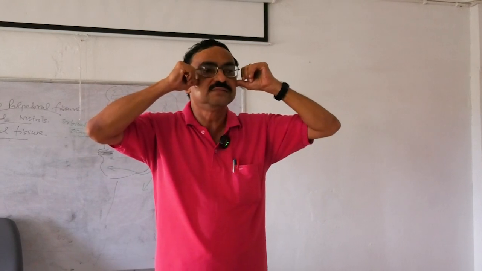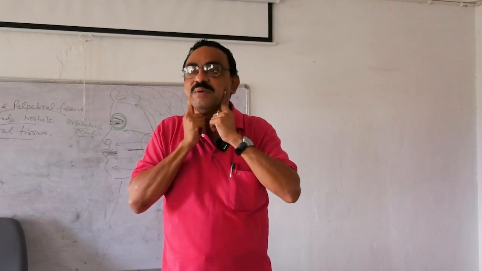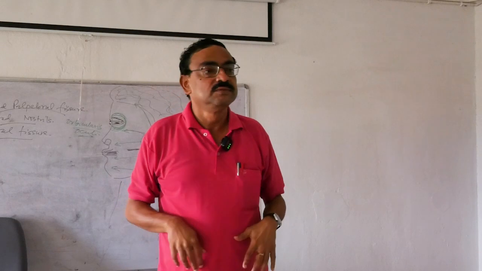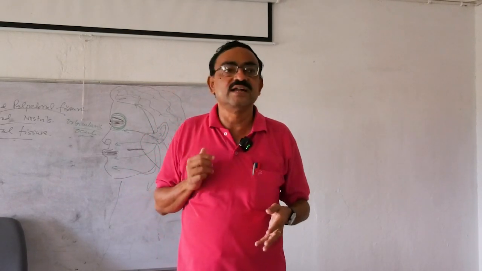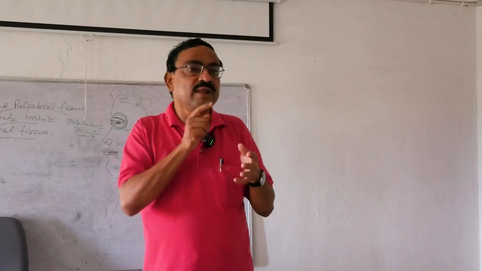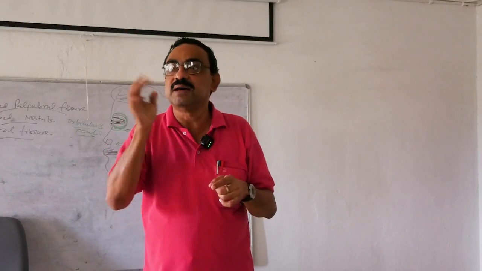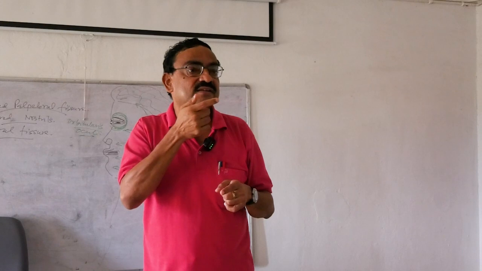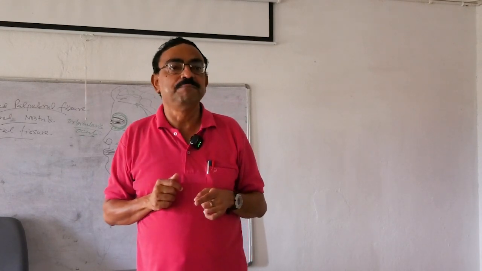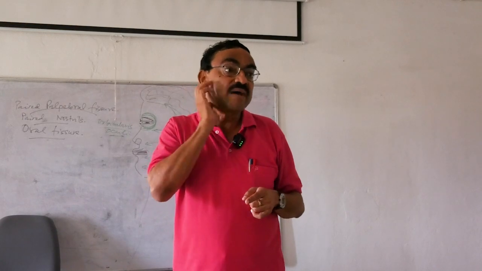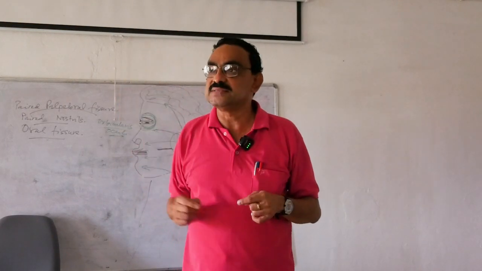Upper jaw means the maxilla and lower jaw means mandible, and it goes in front and ultimately is inserted. The upper fibers and lower fibers do not decussate, but the intermediate fibers decussate and ultimately attach at the lip. And that muscle is called the buccinator muscle.